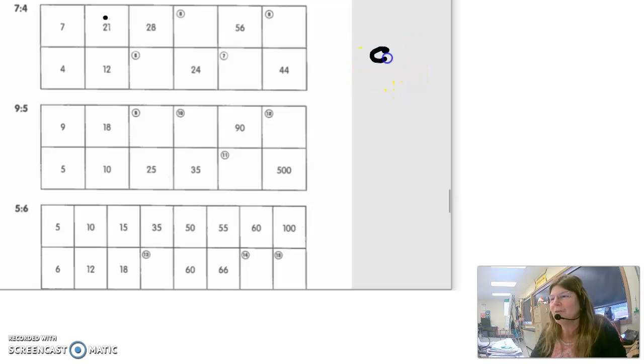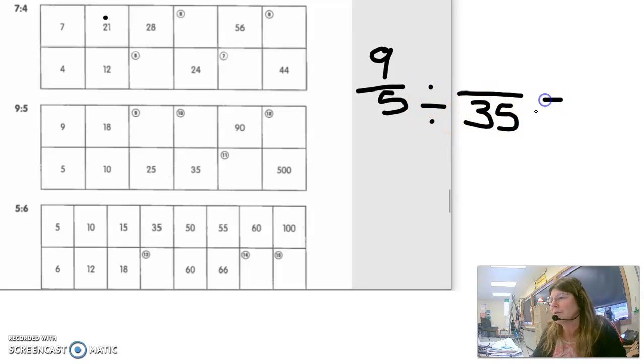Okay, so let's take a look at 9 to 5 again. We have 9 to 5. And our next one is 35 on the bottom. We are going to divide that. That's going to equal 7. So 7 times 9 is, and you write in your answer, multiply. Our next one is 90.